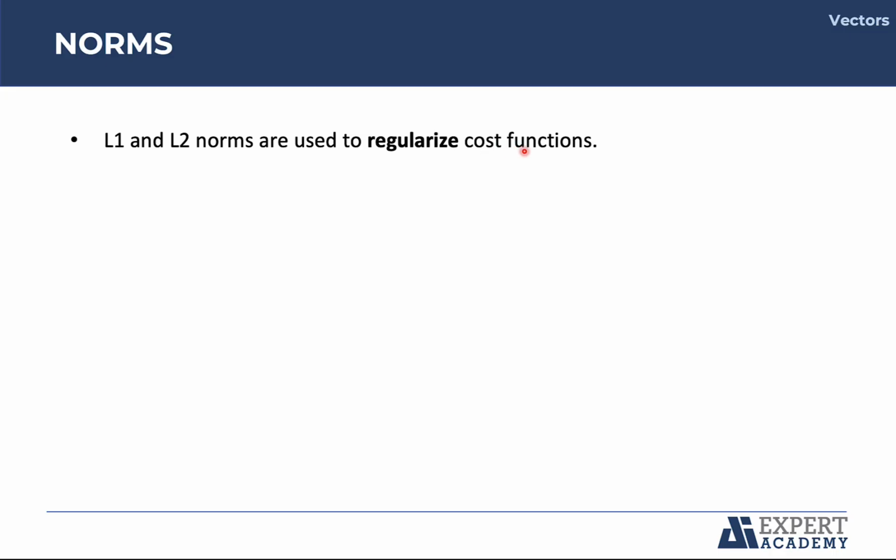Cost functions are used to measure the error that the algorithm is making and are used to calculate the corrections to the algorithm parameters, which is performed by optimization algorithms. The most common examples of regularization are linear regressions with L1 or L2 regularization.